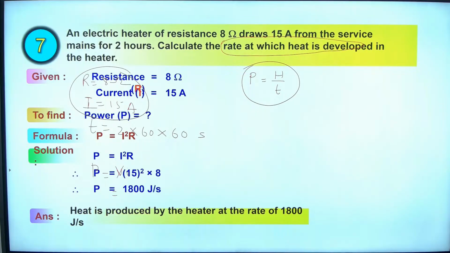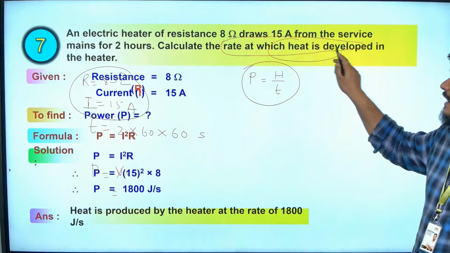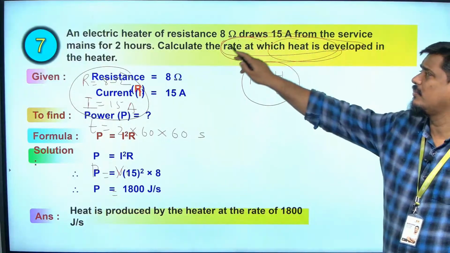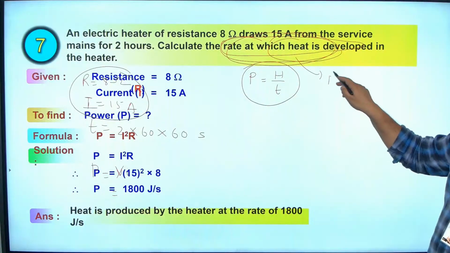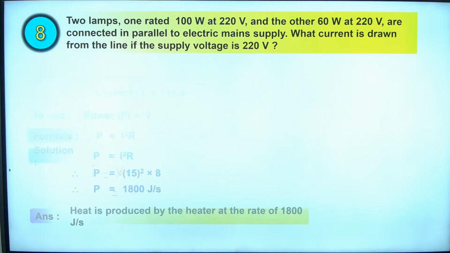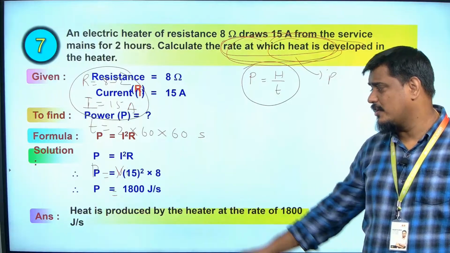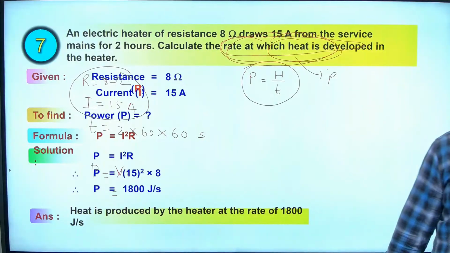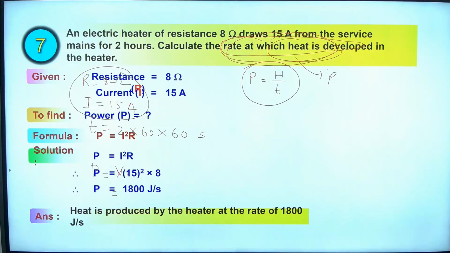Yeah, power only we want to find. We want to find power only. Rate at which heat is developed means power only, no? Are you getting my point? Okay, sir. Sir, joule per second is actually watt, no, sir? Yes, it's watt only. So instead of writing joule per second, you can write watt also. Okay.